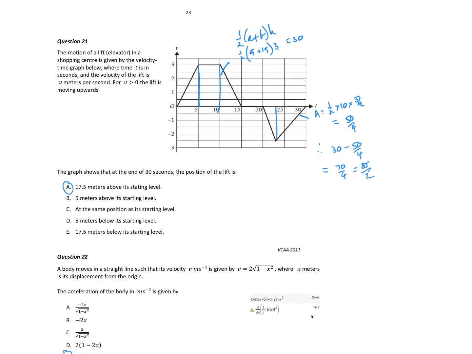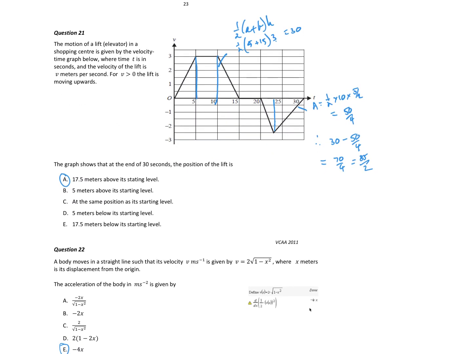All right, let's keep working through. The graph shows at the end of 30 seconds the position of the lift is. So again, it's working out some areas, isn't it? We've got a half (a plus b) h, 15 plus 5, a half times that gives me 30.